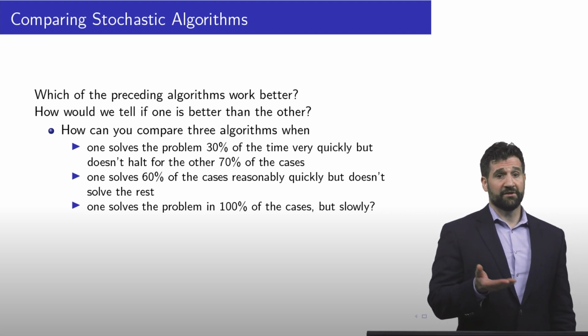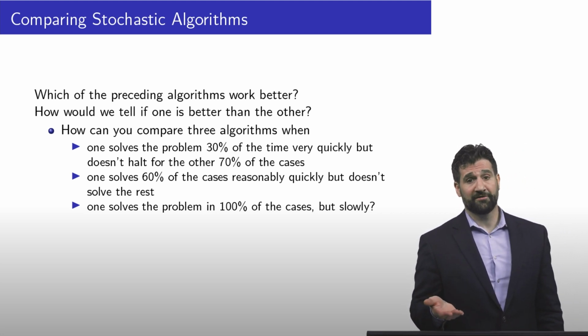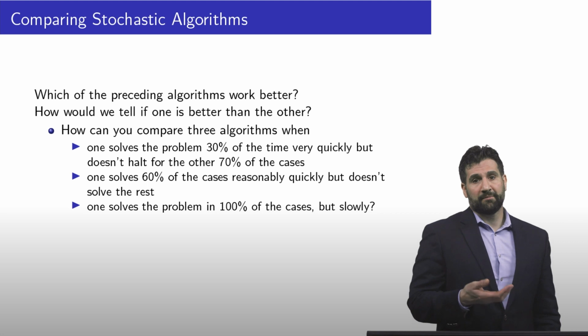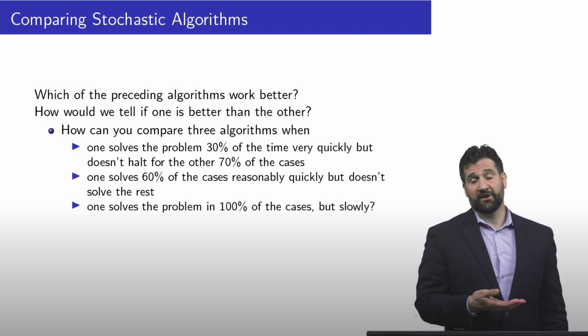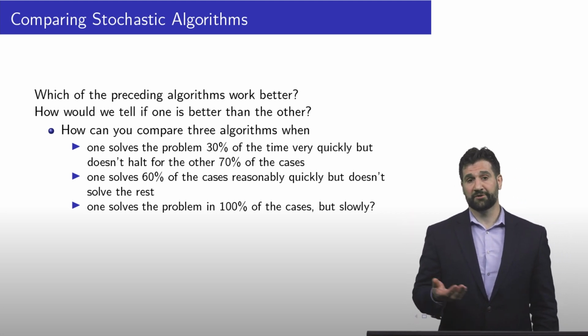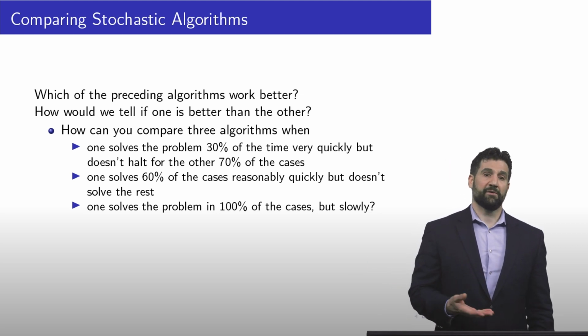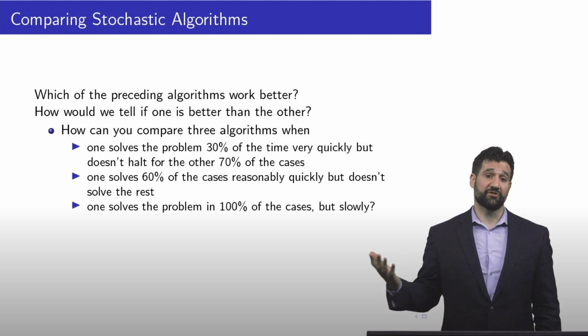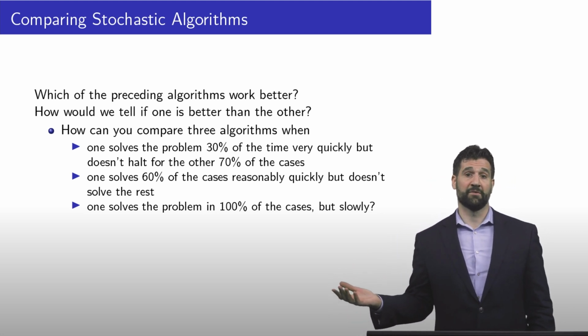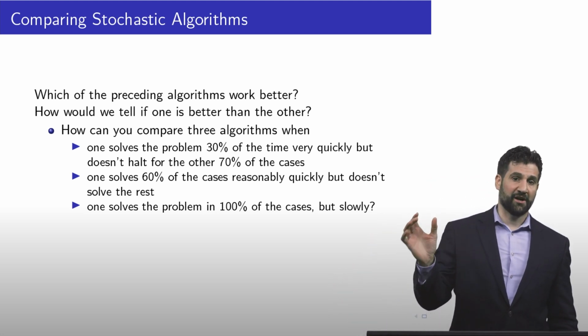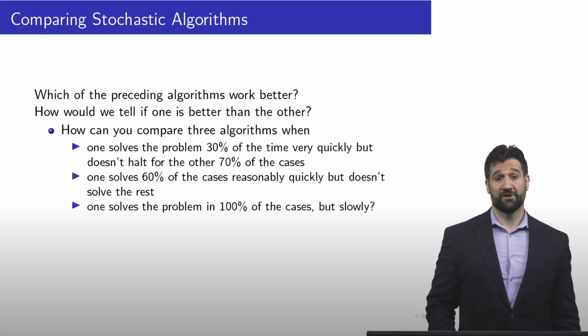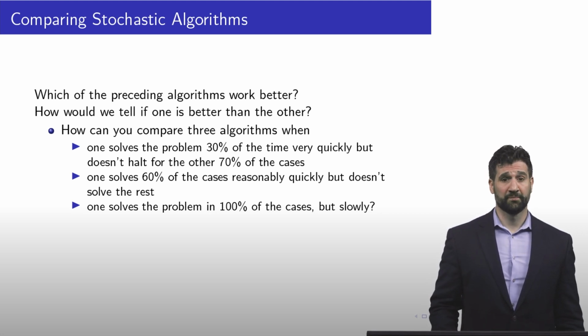We have a second one that actually solves it more often, but maybe not as fast as the first, and then again it has a 40% of cases where it doesn't solve. And now we have a third one where in all cases it solves it 100% of the time, but it does so very slowly. So which one do we want to use?